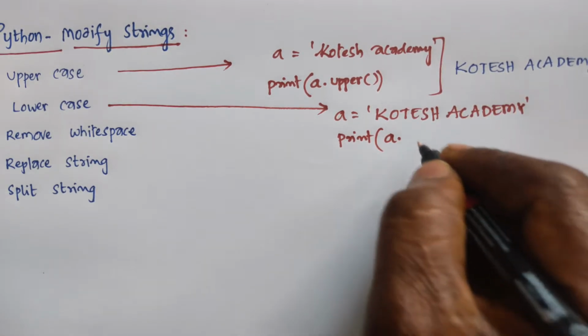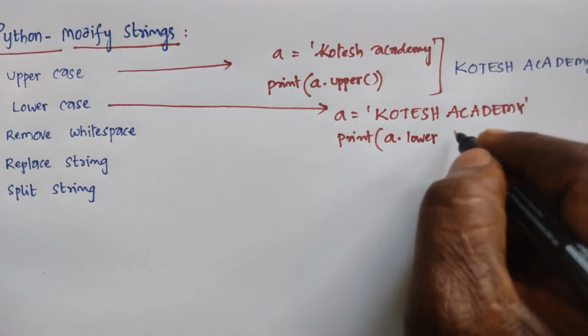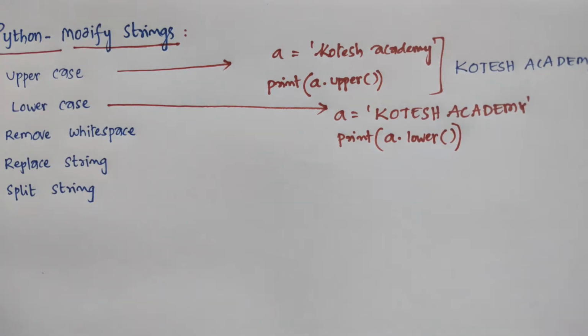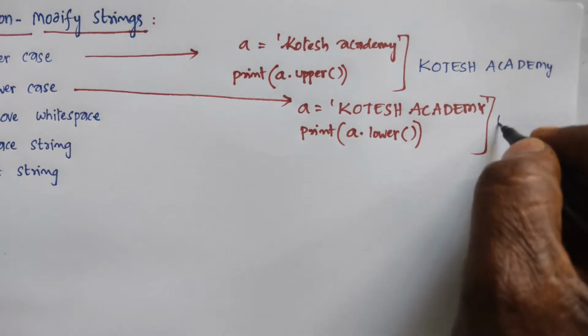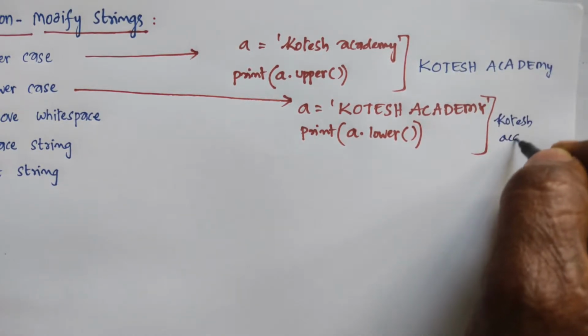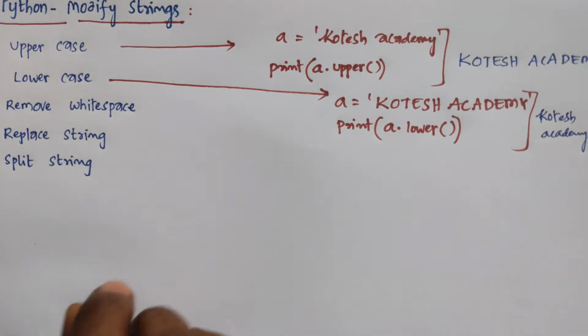That's why you are using lower, with parenthesis. Then the result will automatically be small letters, kotesh academy. That is the concept of lower case.